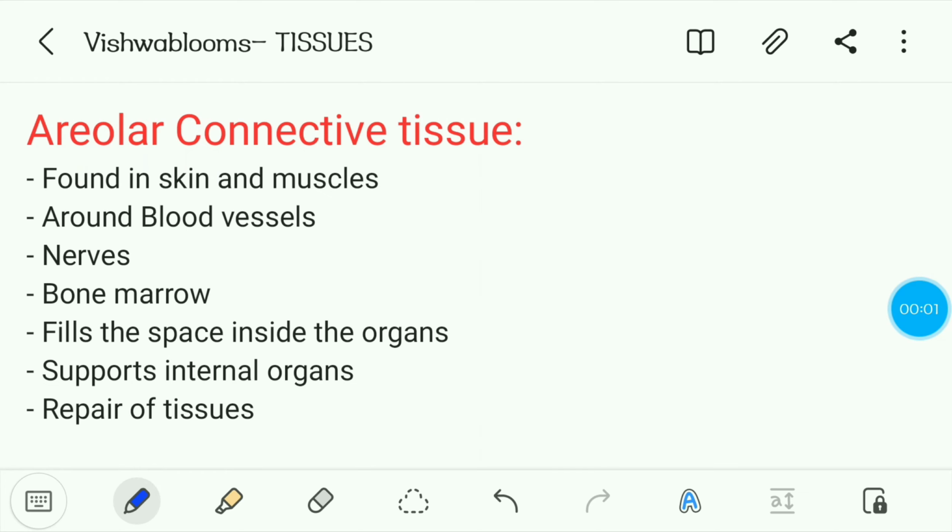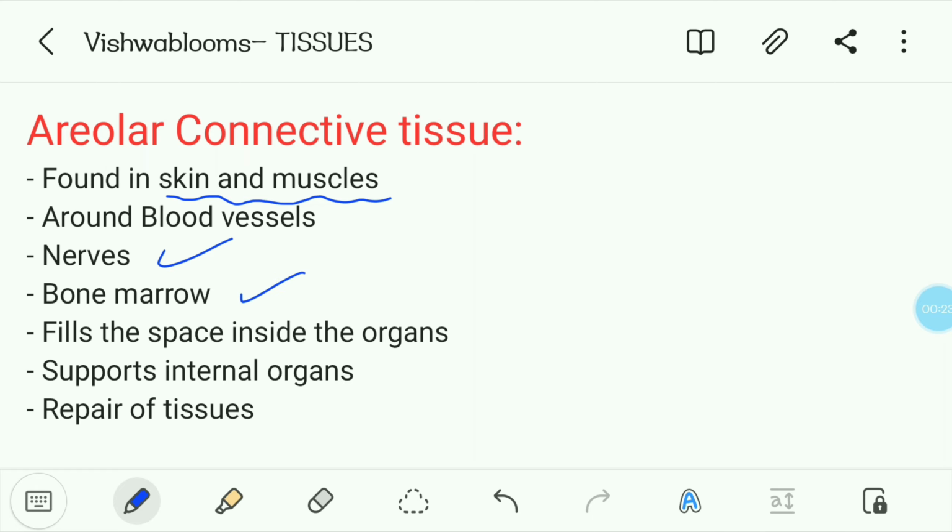Now we will be discussing the areolar connective tissue. Areolar connective tissue is found in the skin and muscles, and it is also found around the blood vessels, in the nerves, and in the bone marrow.